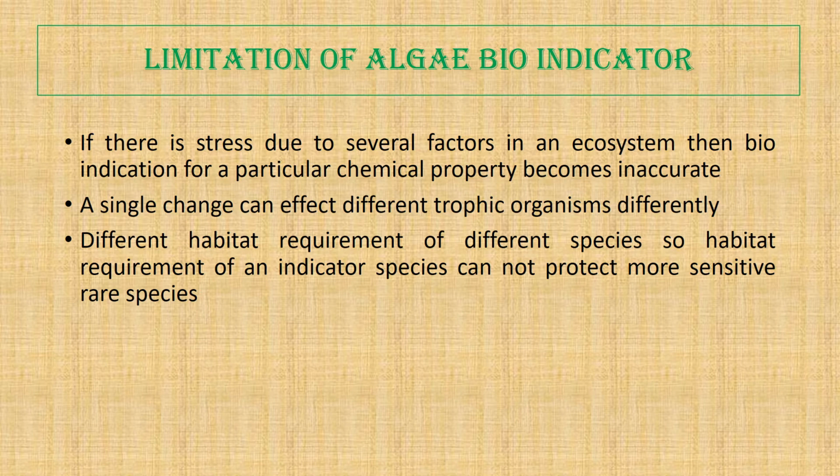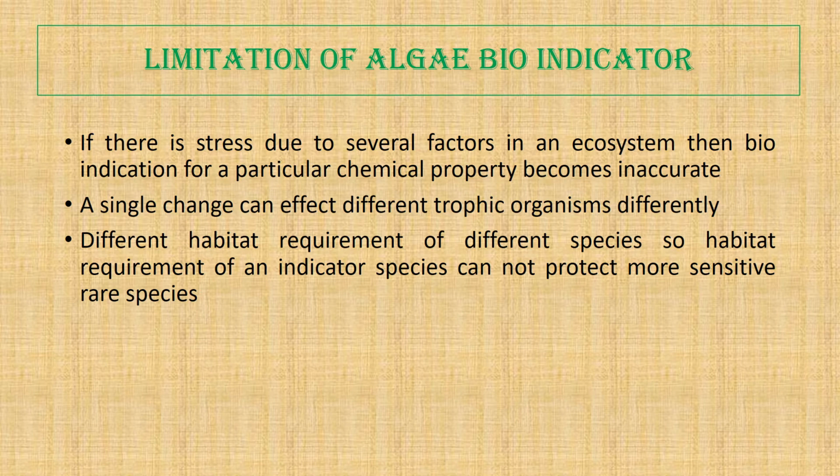And also different algae have different habitat requirement. So if there is a stress, some algae will be very tolerant to the stress and some will die out. So we have to be very specific. We have to get the knowledge beforehand what type of algae will be specifically present in polluted water, and what type of algae will be present in inorganic polluted water or organically polluted water.